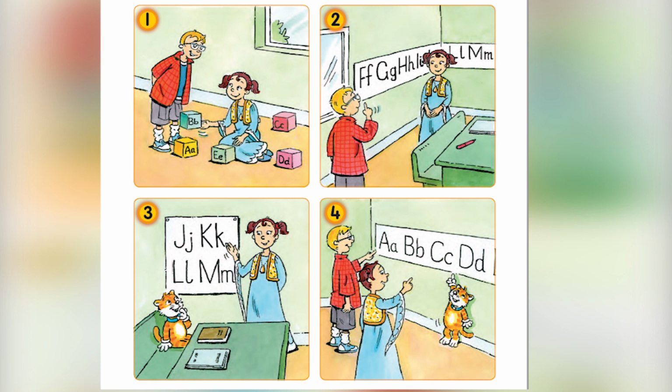What are you doing, Aveen? I'm saying the alphabet. A is for apple, B is for bag, C is for cat, D is for doll, and E is for egg. What's this? It's F. F is for flower, and G is for girl, H is for hen, and I is for insect. That's very good, Aveen.